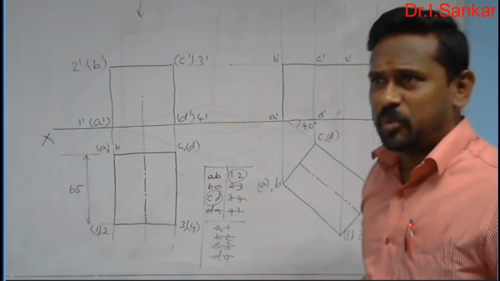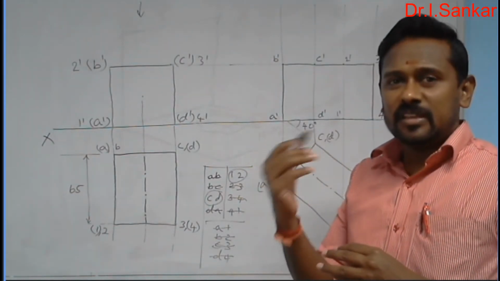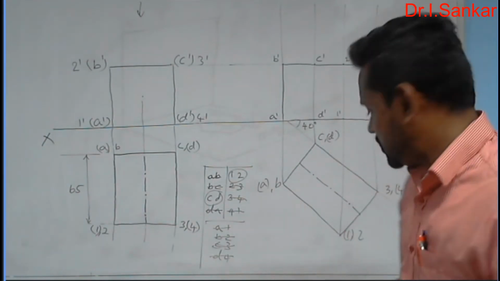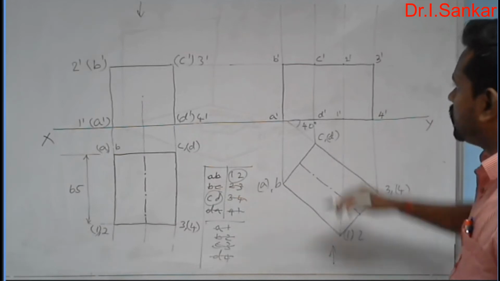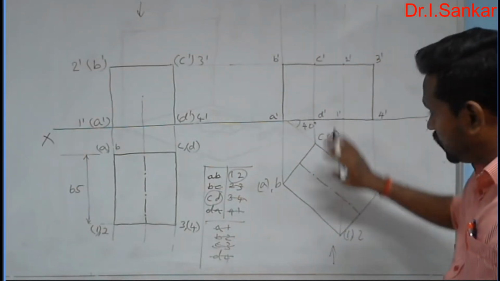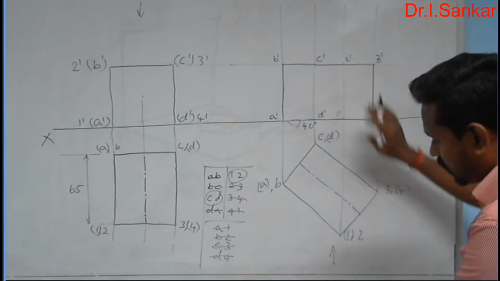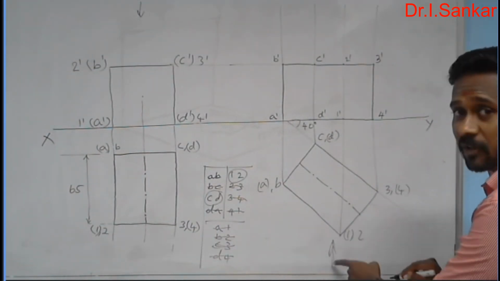The second step is to connect the nearest remaining face corners as visible edges. When you look at the solid from this way, we are not going to look at the solid from that way because that view is already drawn. Now we are working with the front view. So you need to see this lateral view from this way in order to obtain the front view of the solid.